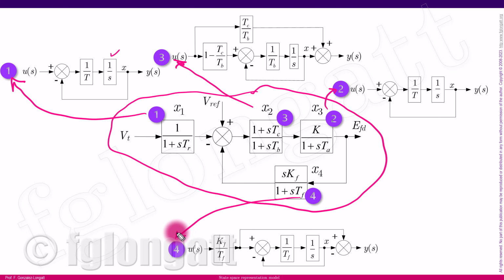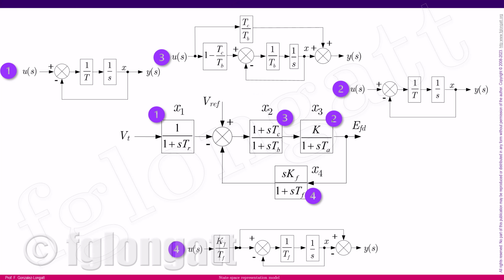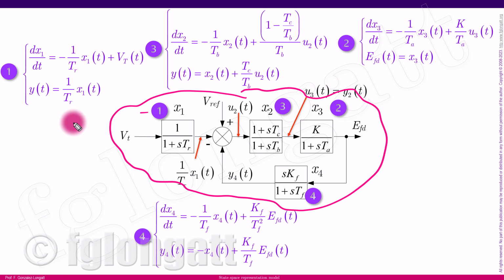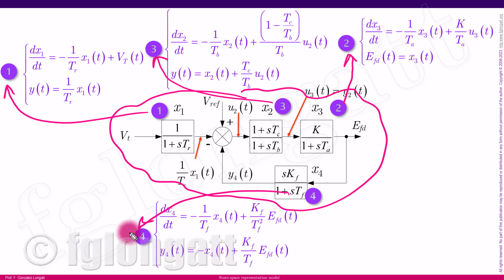And when we complete those simplified models, the next step is the time domain representation, the differential algebraic representation. Again, here in the middle, we have the block diagram, but now we have the differential and algebraic equations of block number 1, block number 2, block number 3, and finally block number 4.